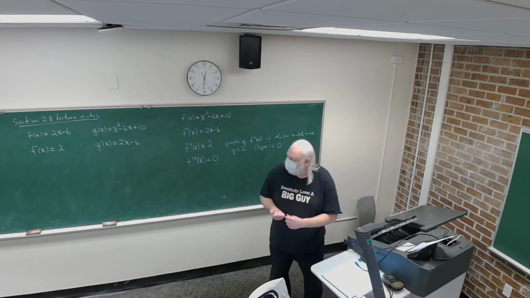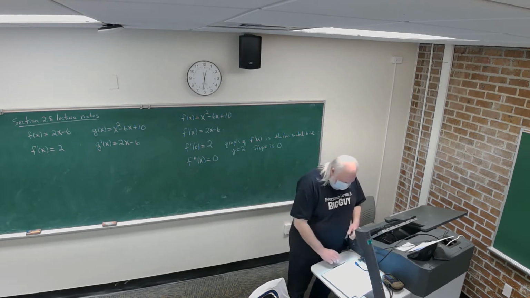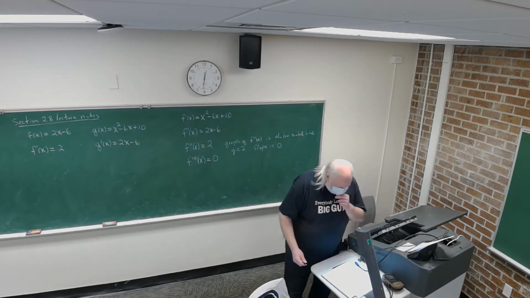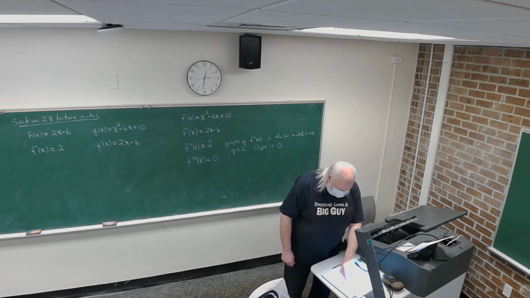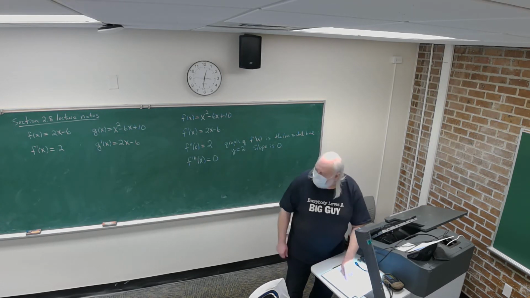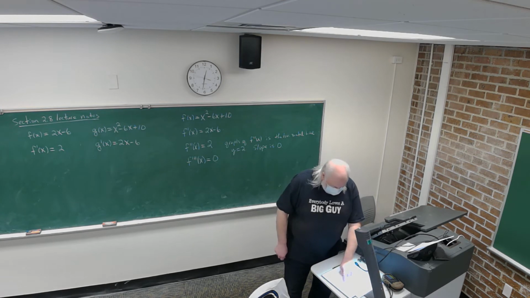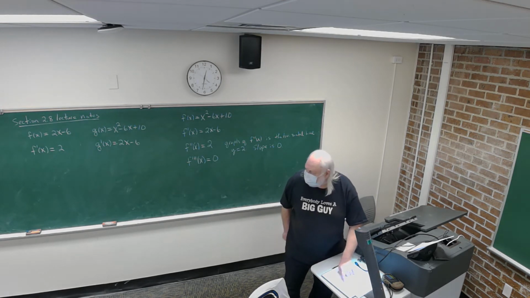Those are primes and not ones. Okay. And then second derivative, f double prime of x, second derivative of y with respect to x. This is the derivative of the derivative of y with respect to x. And this is the second derivative of f of x with respect to x. And then you can also write the second derivative as y double prime.